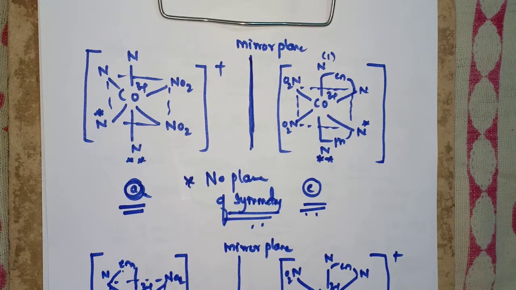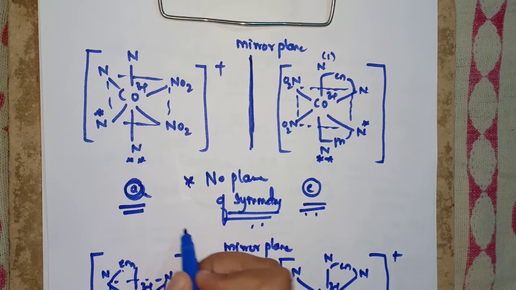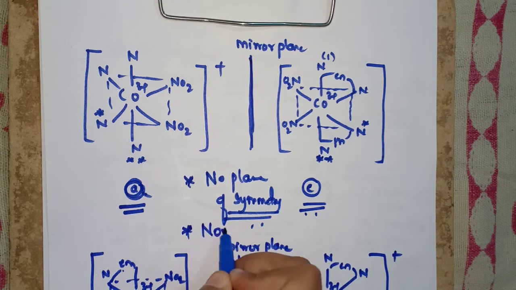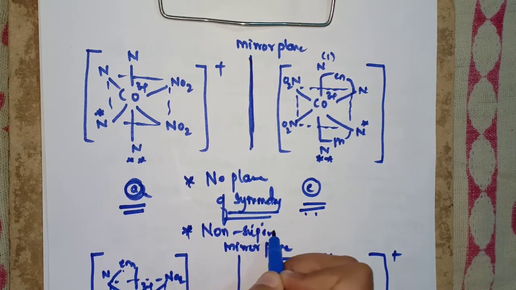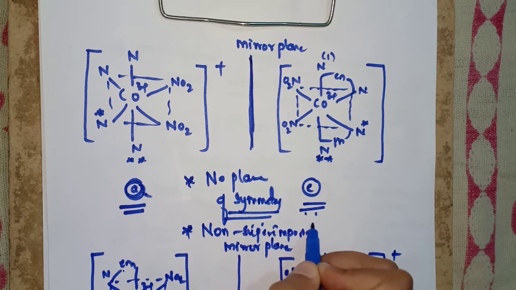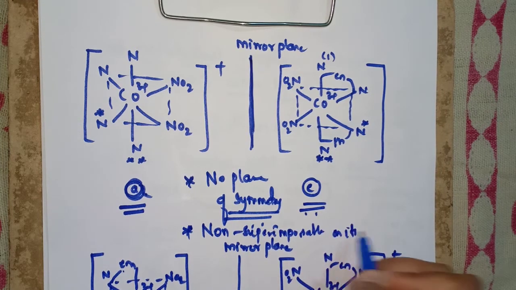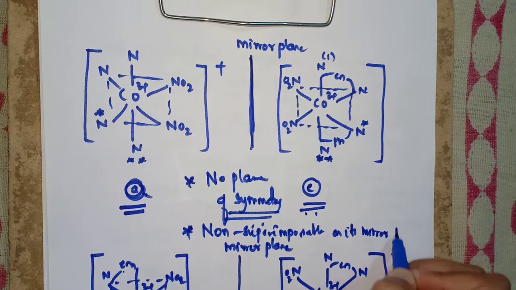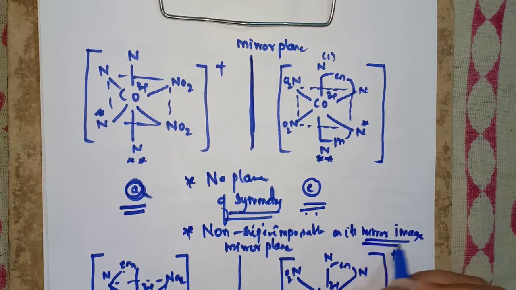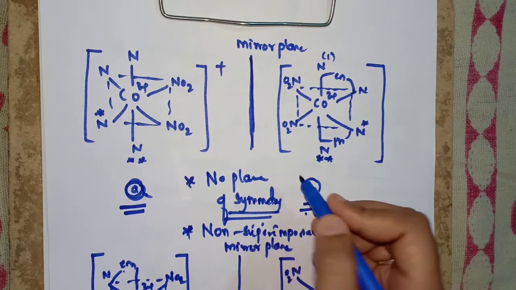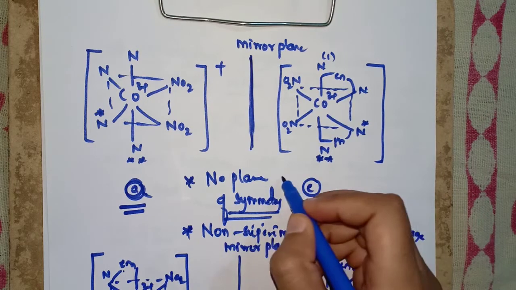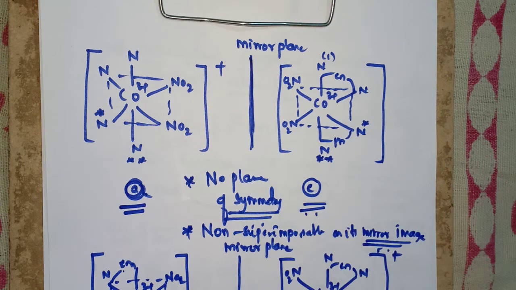It has no plane of symmetry and is non-superimposable on its mirror image, and it is asymmetric.